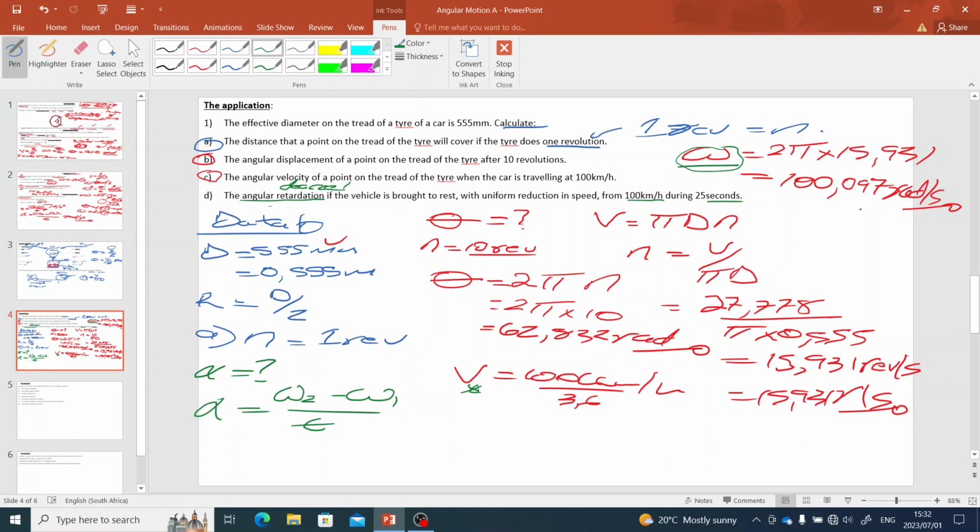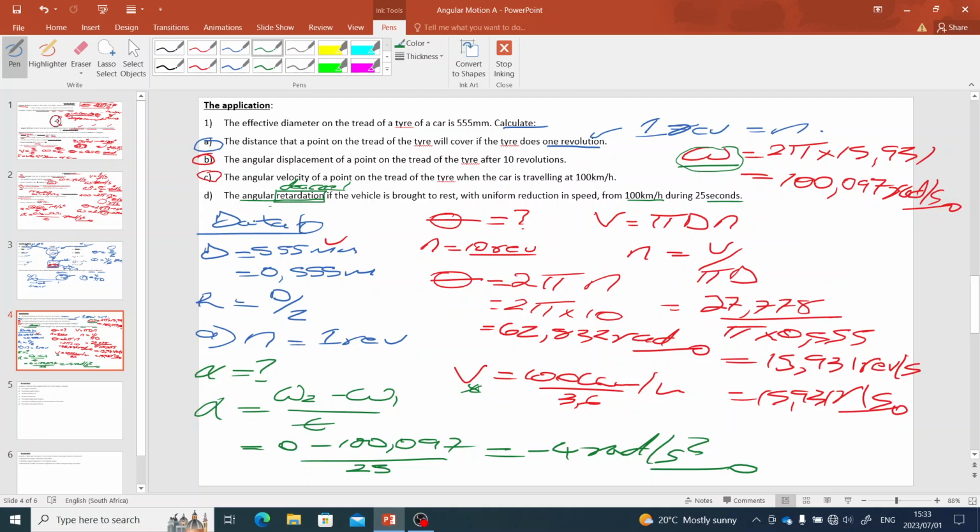The given speed here is your initial velocity. Now we have 0 minus 100.097 divided by 25. Then our answer would be negative 4 rad per second squared. The answer is negative because we are told that we need to calculate the angular deceleration, retardation.